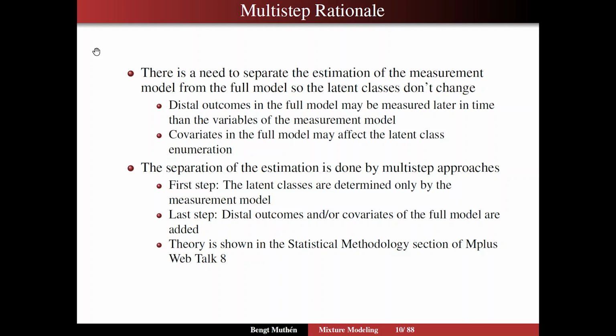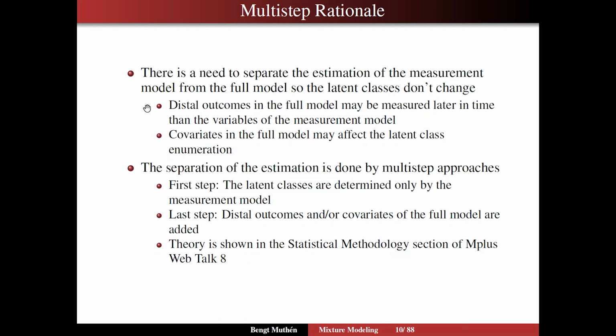And we talked about the multi-step rationale in Webtalk 8 about LCA with a single latent class variable, claiming that there is a need to separate the estimation of the measurement model from the full model adding then the distals and the covariates, so the latent classes don't change. And that's with respect to both distal outcomes and covariates.